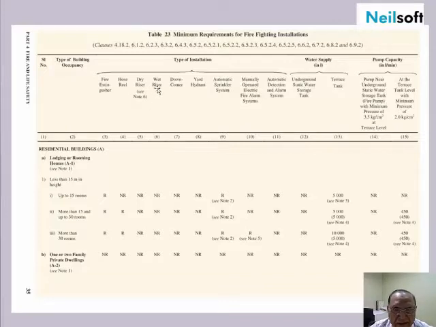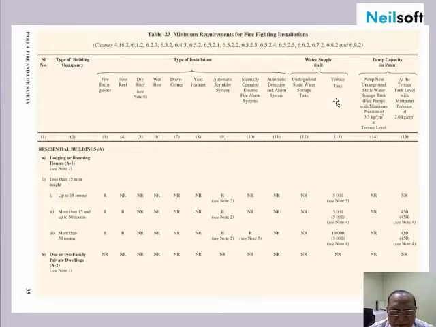Wet risers, downcomers, yard hydrants, automatic sprinkler system, manually operated electric fire alarm systems, automatic detection and alarm systems, underground static water storage tanks, terrace tanks.